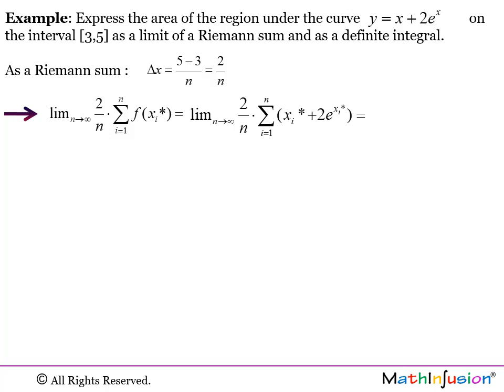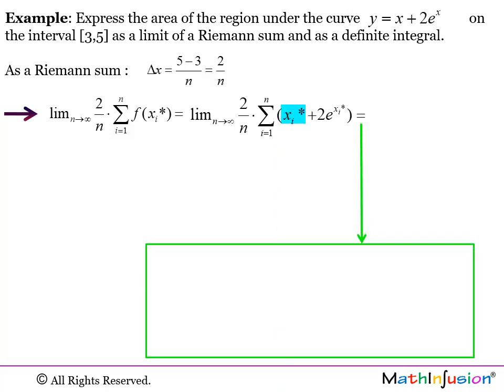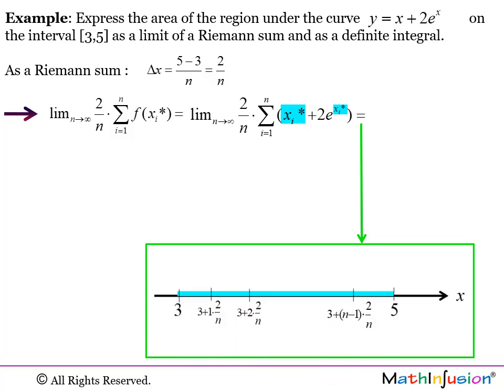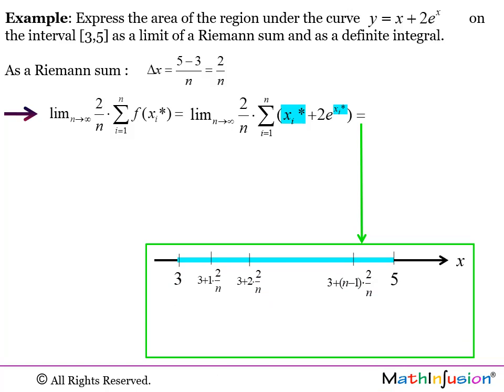Now we want to see the division on the interval 3 and 5. Here's the subdivision. The difference between each consecutive point has to be delta x, which is 2 over n.